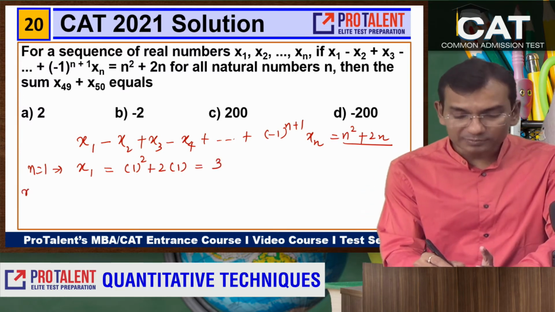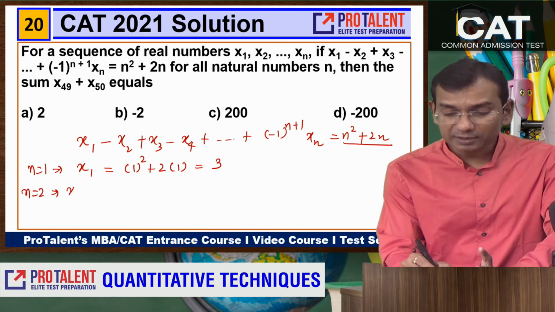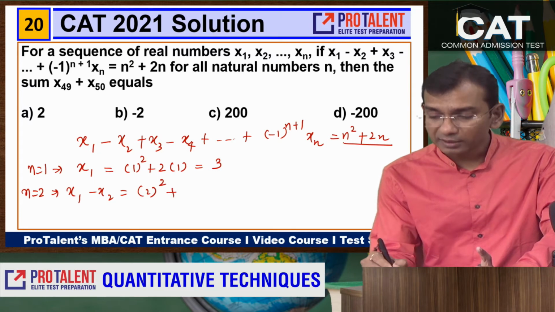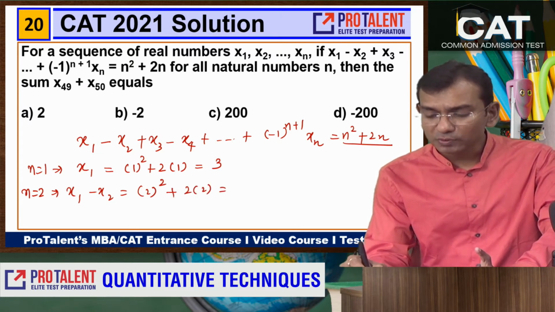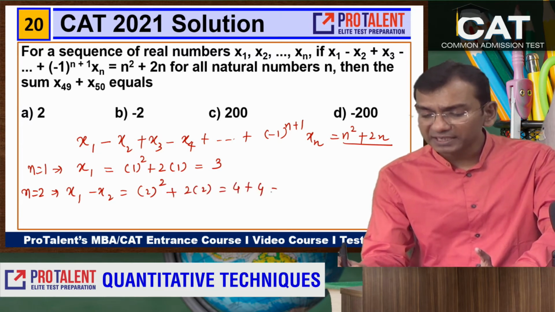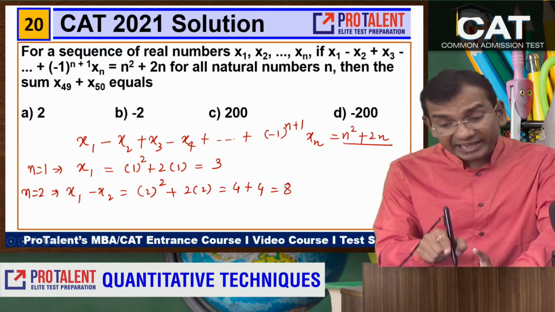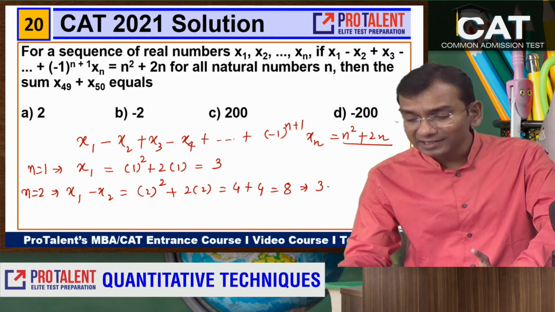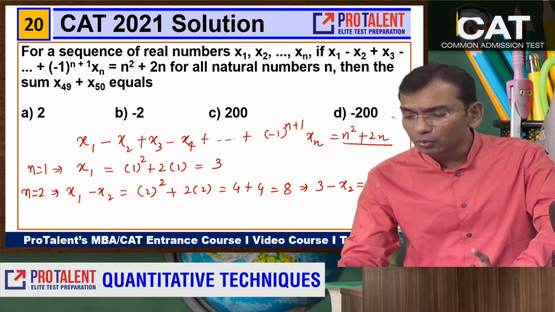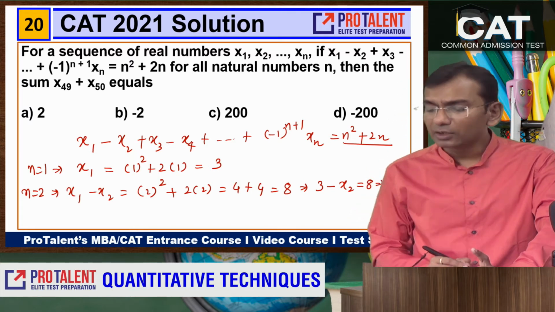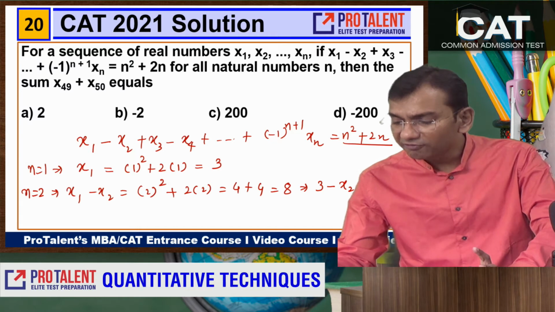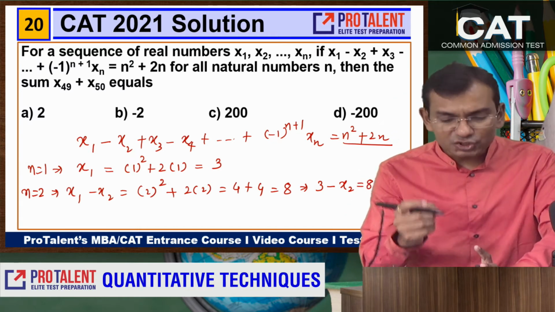No problem. n equal to 2 is nothing but x1 minus x2 is equal to 2 square plus 2 into 2. 2 square is 4 plus 4, that makes it 8. So x1 minus x2 is 8, and I know x1 is 3, so 3 minus x2 is equal to 8. Therefore x2 is equal to minus 5.